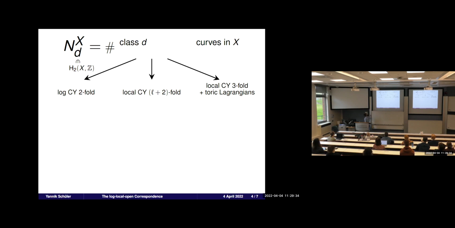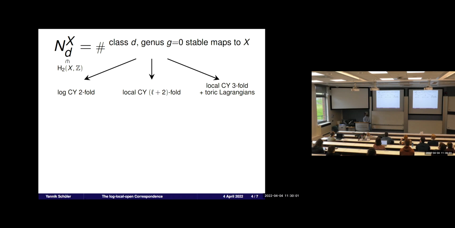We should fix some more constraints in order to indeed obtain a finite number. The first thing we fix is the class of the curves in the geometry we're looking at. Then, for the time being, let's restrict our analysis to genus g curves.